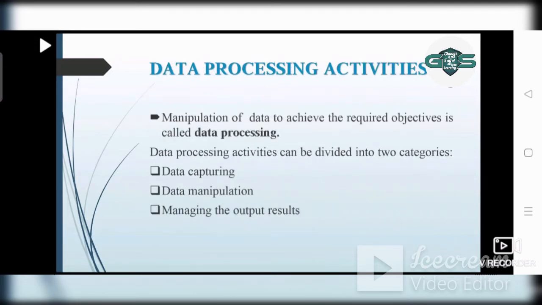Now, how many activities are involved in data processing? Data processing, in actual, is getting the required result, the required achievements, which you want from the data. Data processing is based on three categories or three types: data capturing, data manipulation and managing the output result.